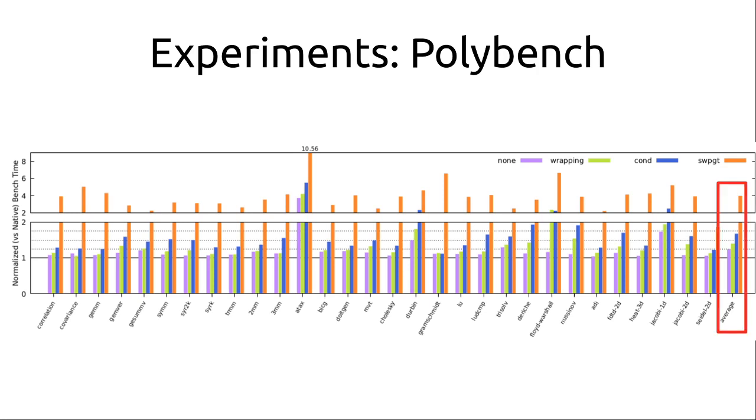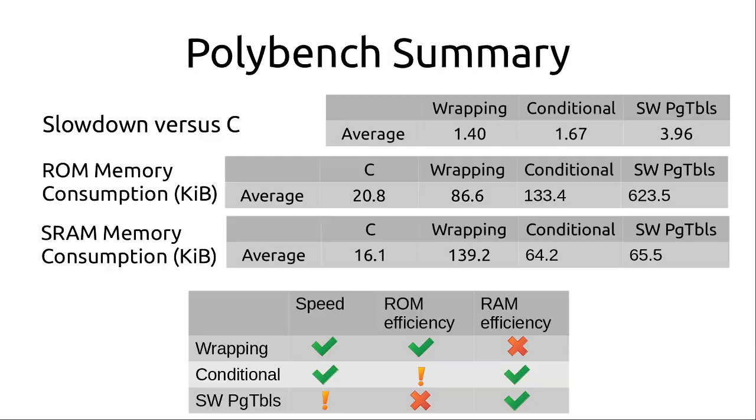You can see on the far right, there is this bar that takes the average of all of the preceding bars. I'm going to focus on these average values to present them tersely here. Please see the paper for a more in-depth evaluation of all the results. So on the top table here, you see the execution slowdown versus C. So this is versus if we were to compile with the C compiler.